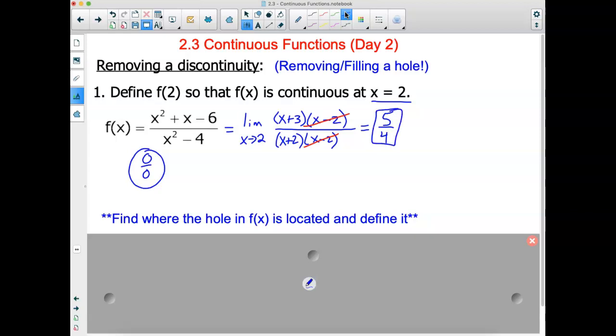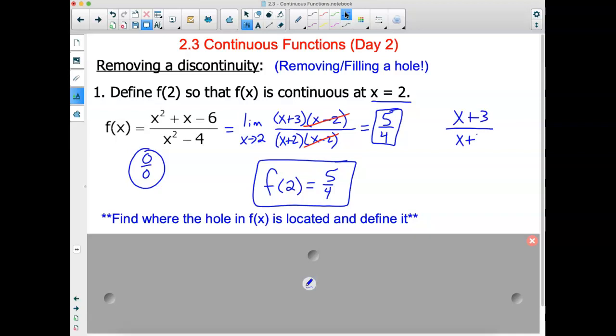So if they say define, we're going to define it. Define f of 2 so f of x is continuous at 2. Well, if f of 2 actually equaled 5/4, I've just defined it, my function would be continuous at 2, okay? So basically I'm removing that hole and redefining my f of x function as x plus 3 over x plus 2.